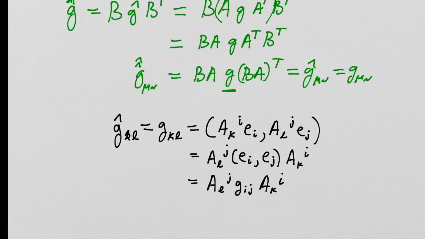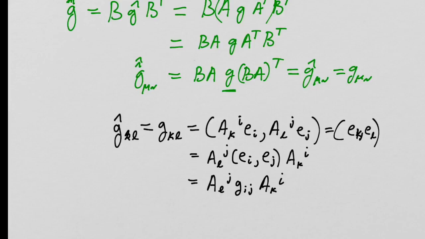All right, so to talk about the inverse, let's start with the same argument, just setting it up. We're setting up for the inverse. We know that the k-l matrix element in the transformed basis equals the k-l matrix element in the untransformed basis. This is only true if A is a member of this special isometry group that makes it true, where the value of that thing there actually equals g_kl.